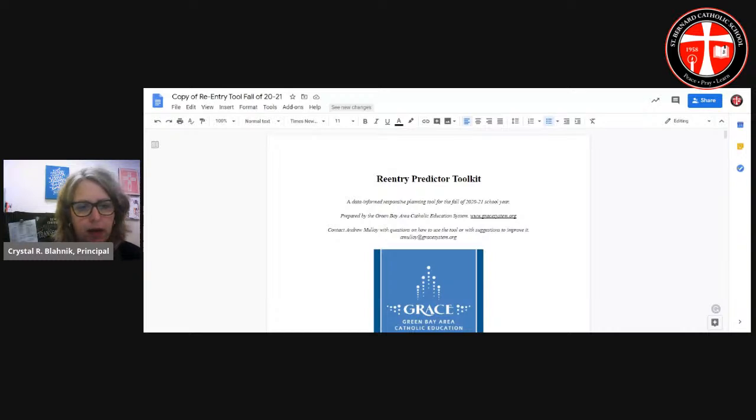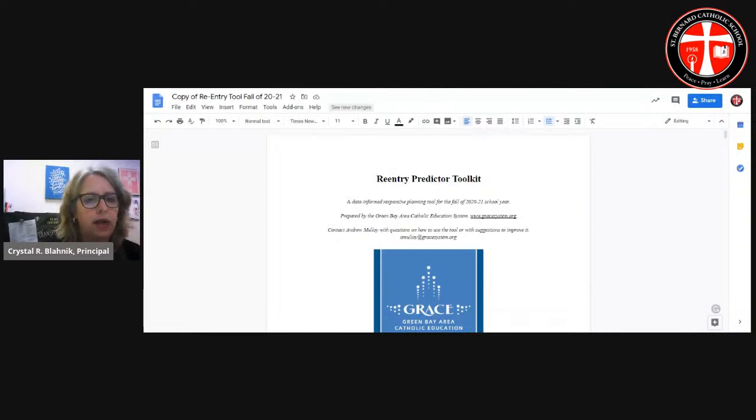This was created by one of the principals in Grace to really help us as educators reflect on how our students have done and reflect on what gaps there are, how they did during the time that we were at stay at home from March to the end of the year, and taking all that information and starting to really reflect on, are there big gaps that we need to address, and how do we take that information and plan for the fall, plan for reentry.